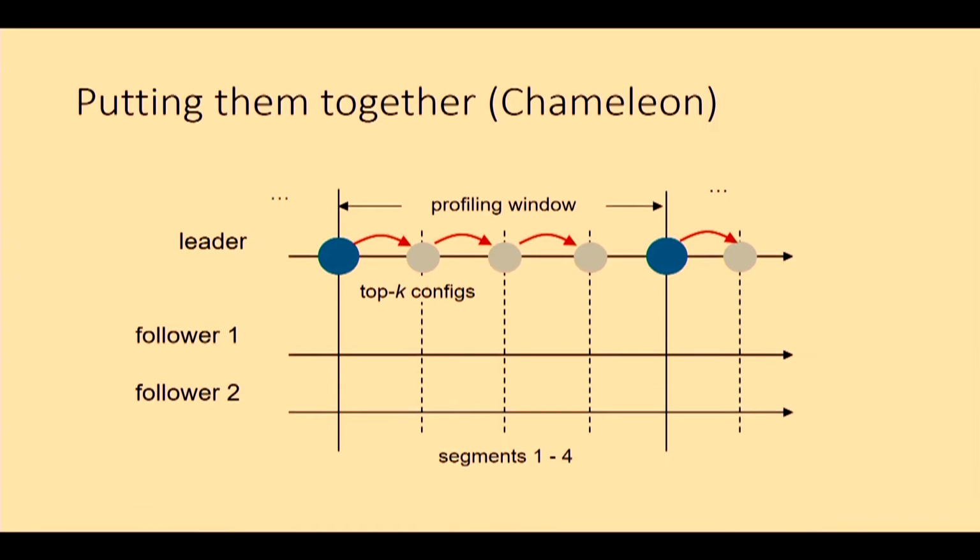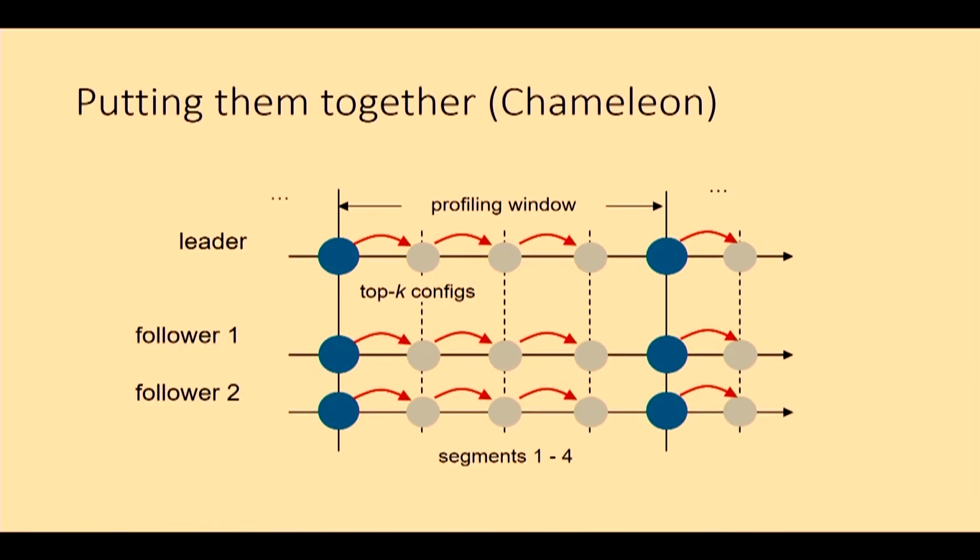Then we can carry that through to the remaining segments. And you can do this for every camera. So we've basically taken the big blue box of profiling cost and shrunk it down to these six big blue dots. Okay, so that's a significant reduction.